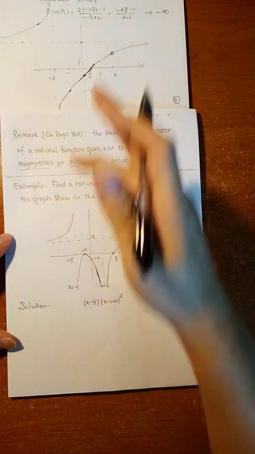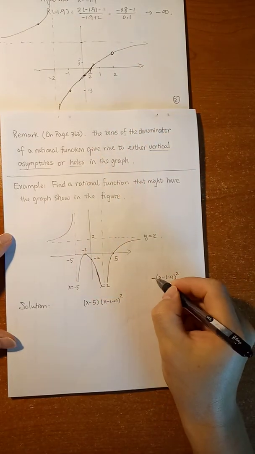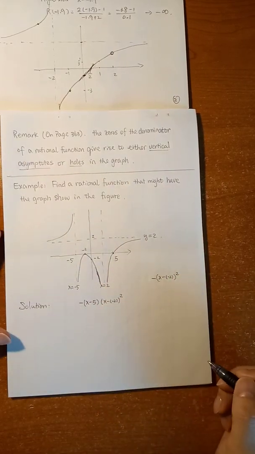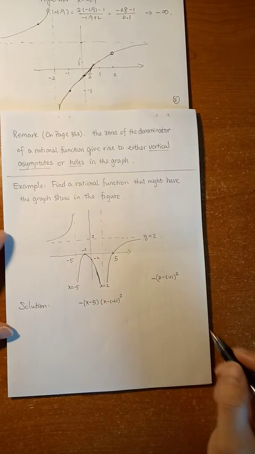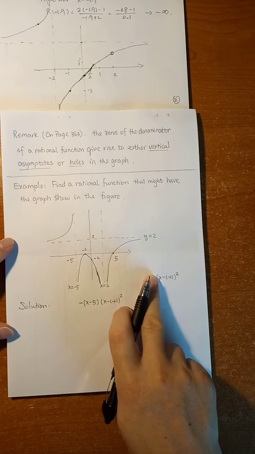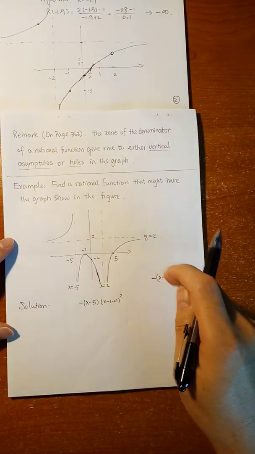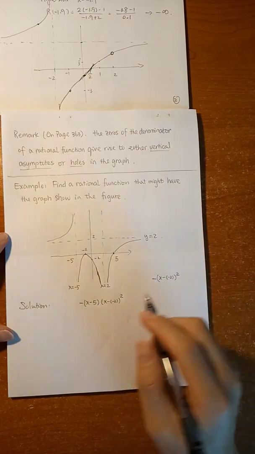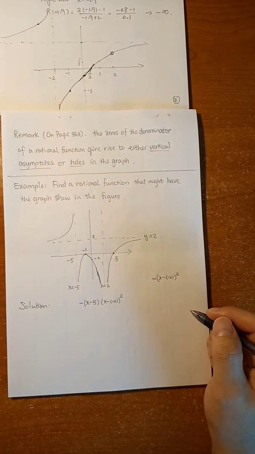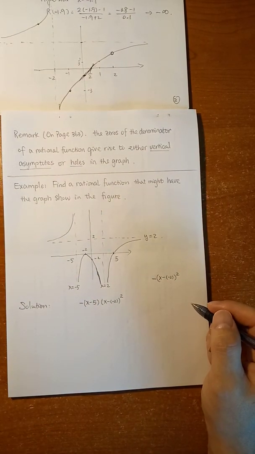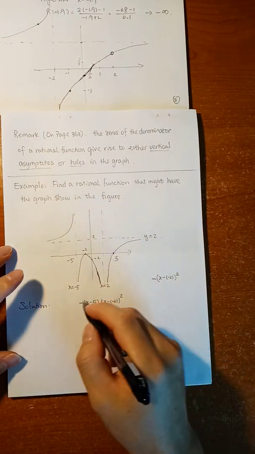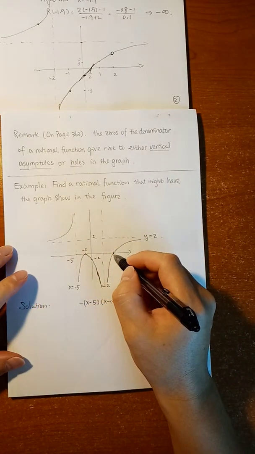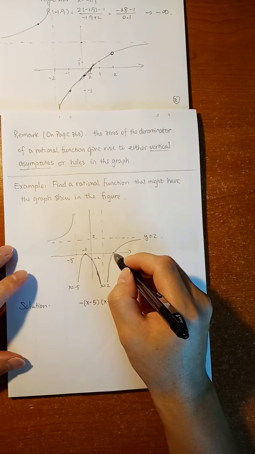And actually, for this part, you need a negative sign. Without a negative sign, x plus 2 squared opens up, but this time it opens down. So this property guarantees that you have the two zeros.